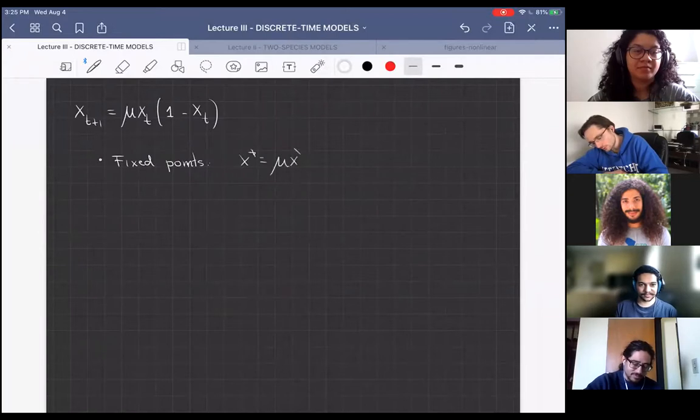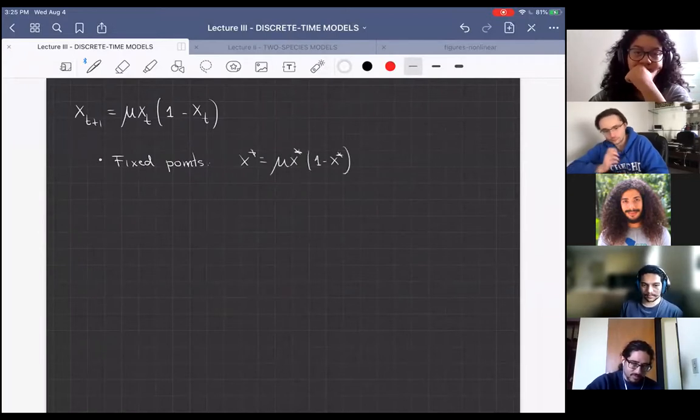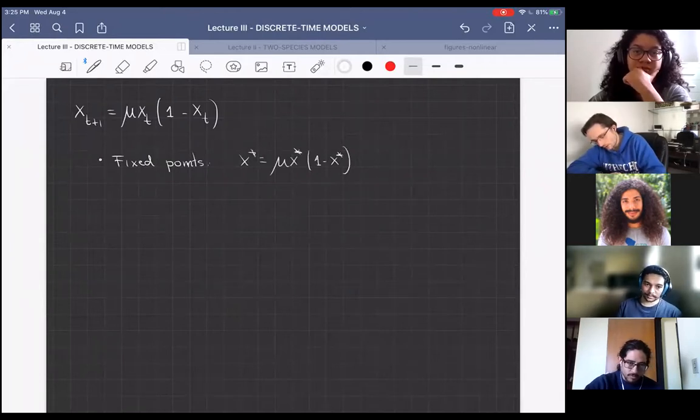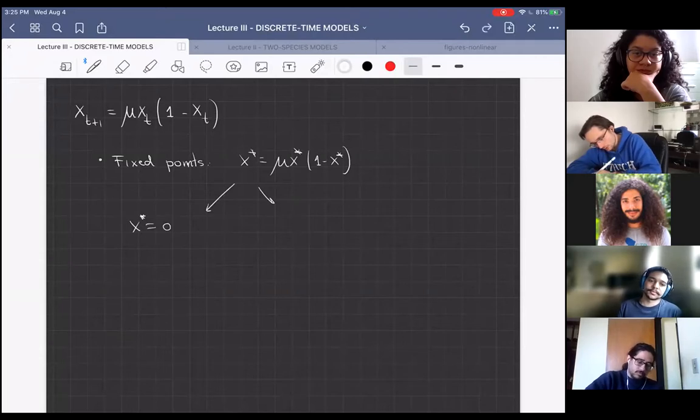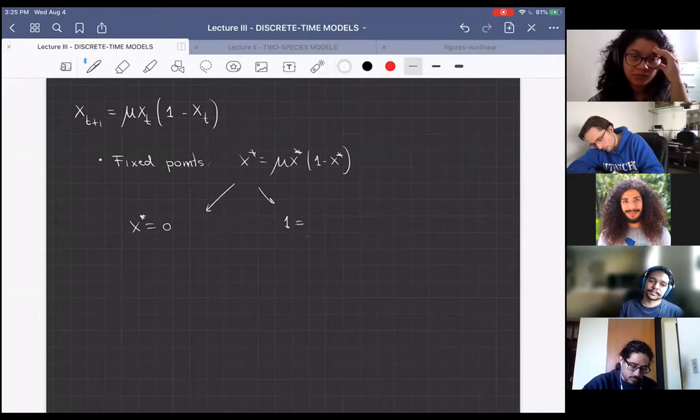I have to solve this equation. Basically, it means that the first fixed point is equal to 0. In the second case, I will get that 1 is equal to mu times (1 minus x star).